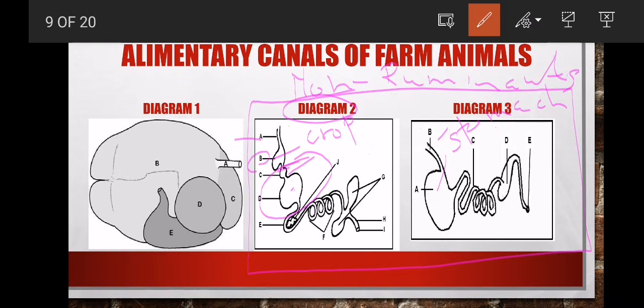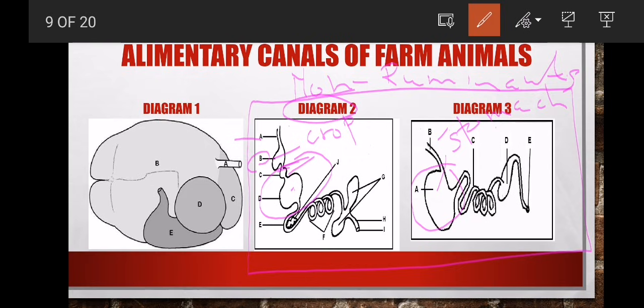But when you look at diagram 3, which is a pig, there is only one stomach. It's not divided. That's another difference. A fowl or a chicken has one stomach that is divided into 2. A pig has just a simple stomach. That is difference number 2, good people.